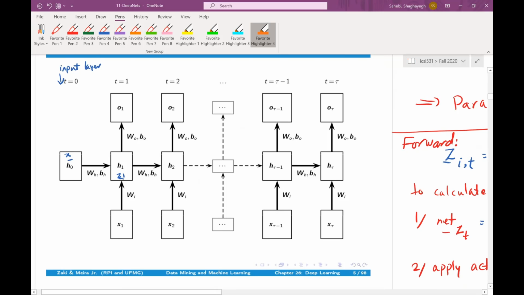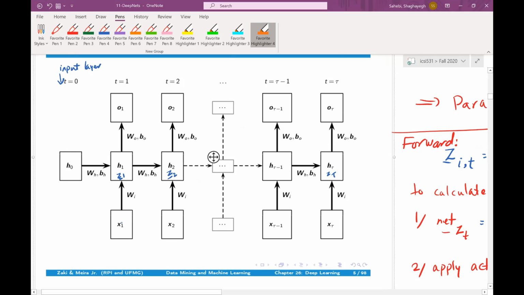So it's like z at time 1. So Z_1, and then H_2, which is Z_2, until we have H_tau or Z_tau. Okay. And then, oh, sorry, this is not x, this is H_0.